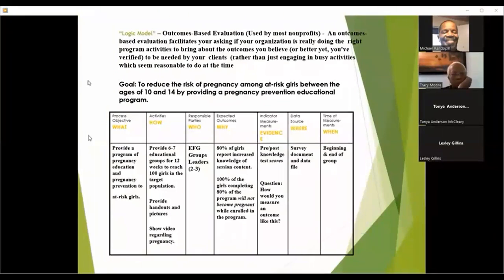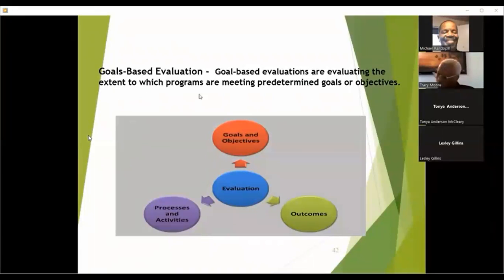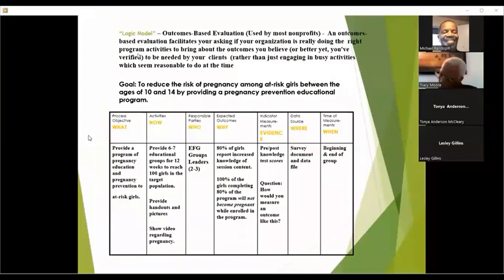The other type of evaluation is called outcome-based. By the way, what I just described was a goal-based evaluation. An outcome-based evaluation looks at whether or not what you're doing for that person is really benefiting that person. That you're changing that person's behavior, you're changing that person's attitude, you're teaching that person a skill set, you're doing something that person didn't have that acts as a benefit.